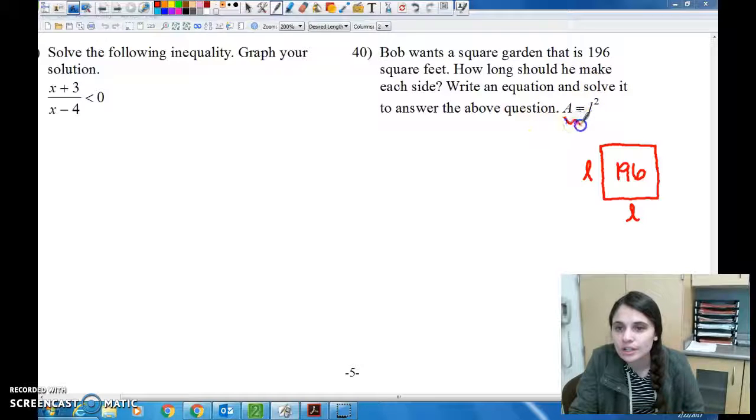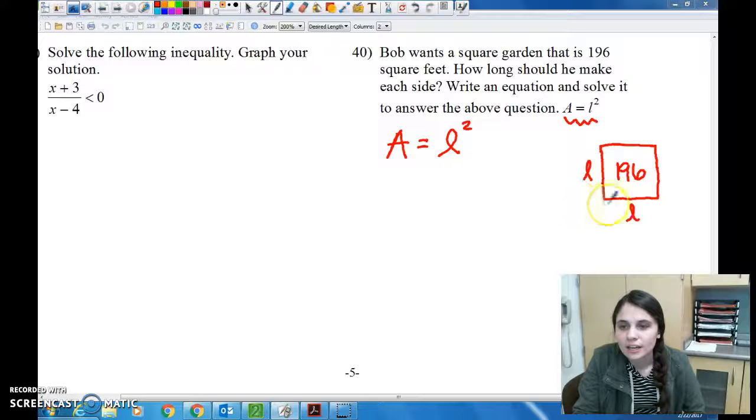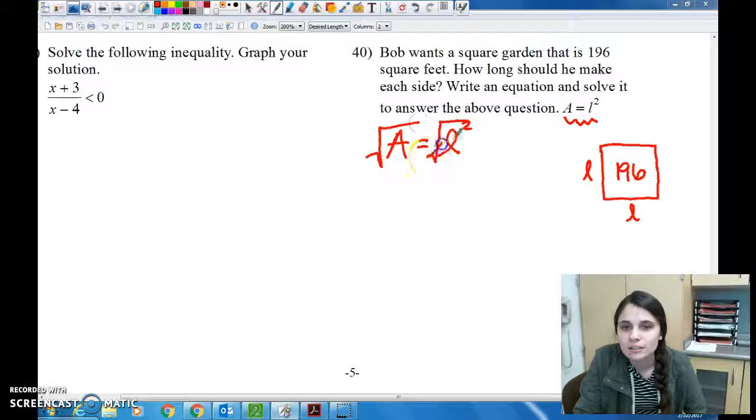Fortunately, it gives me the formula for area right here. So area equals length squared. And I already know the area is 196, but I don't know the length. So I want to solve this for length. To get L by itself, I take the square root of both sides. Then the square roots cancel, and L is equal to the square root of A. And I know what A is, it's 196.